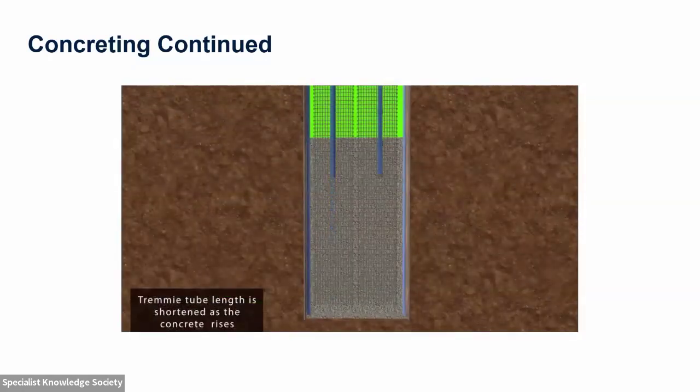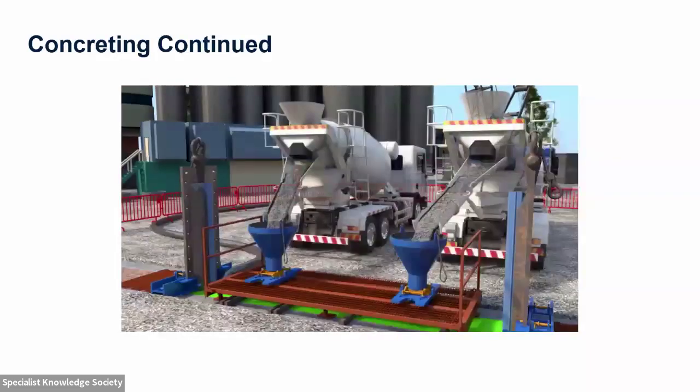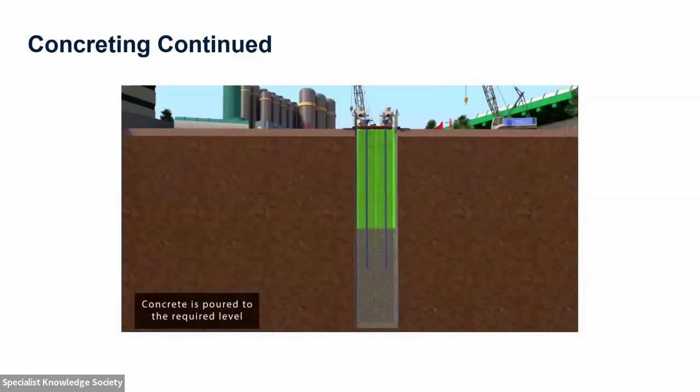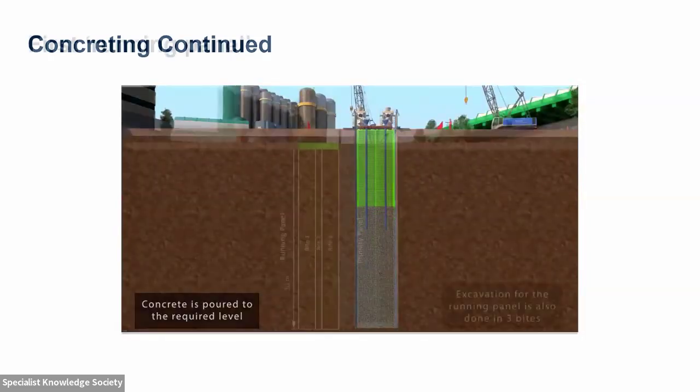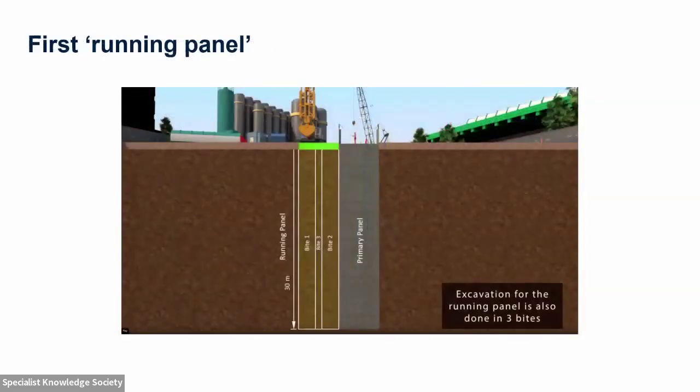So you always need to keep the tremie tubes embedded into the concrete, but you only need to have them embedded adequately, or enough to ensure you can continually get flow of the concrete. So effectively you continue that to concrete your panel all the way up to the top.